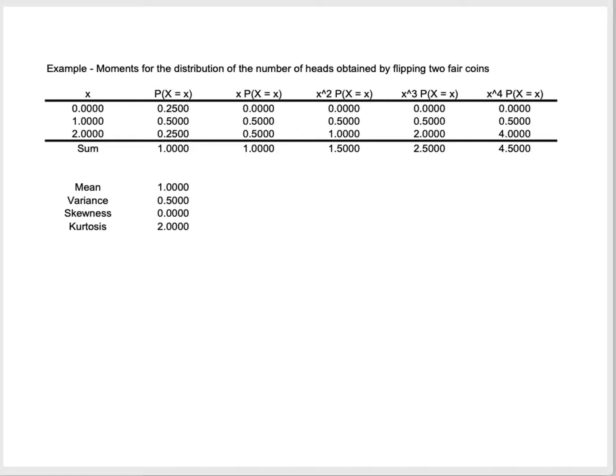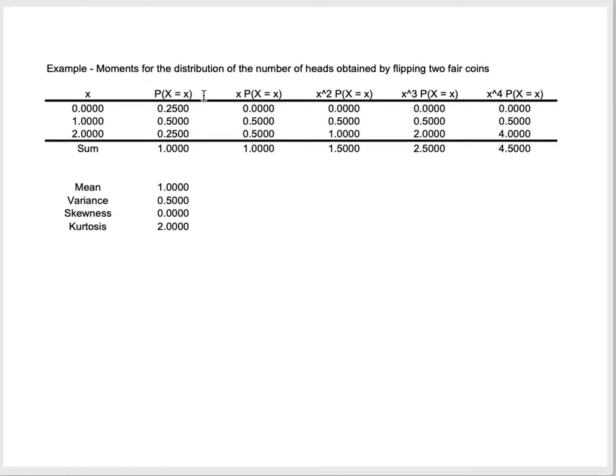So what I've done here is create a spreadsheet, and in that spreadsheet, in the first two columns, I have the PMF of x. In the first column, I list the values in the sample space. So in this case, 0, 1, and 2. In the second column, I have the values that the PMF takes on. So 1/4, 1/2, and 1/4 corresponding to the values in the sample space.